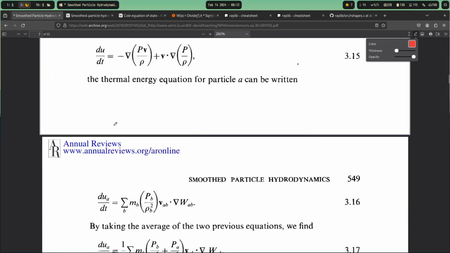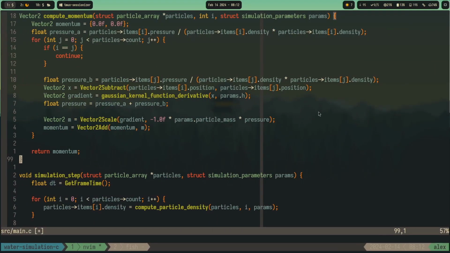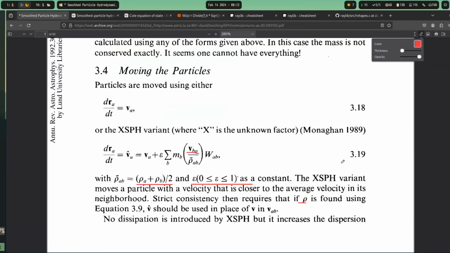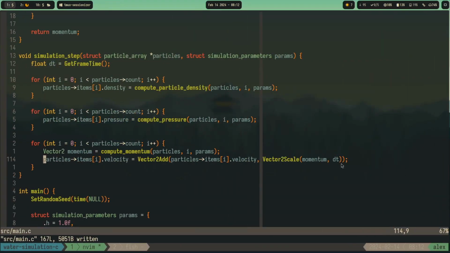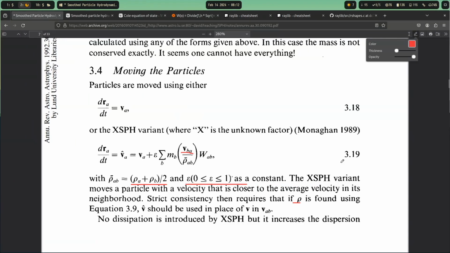I don't think we have to divide by density. I think it's enough to have dt here to get the velocities. Okay, and now that we have the velocity, we do another for loop, right?